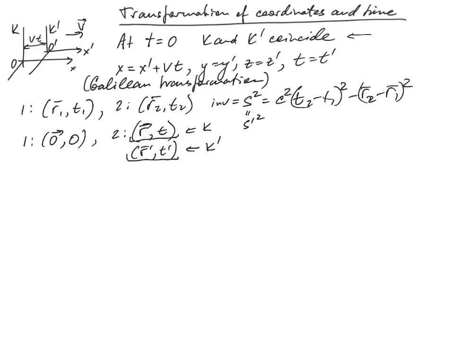They should transform through each other, but not according to the Galilean transformation, which obviously does not respect the invariance of the interval. The invariance of the interval tells us exactly that ct squared minus r squared should be equal to ct prime squared minus r prime squared.